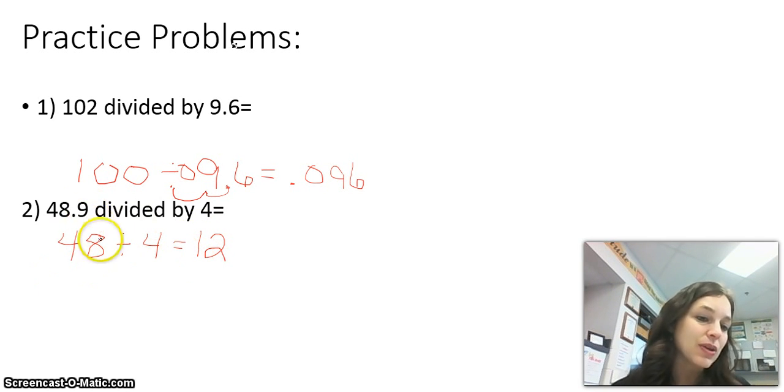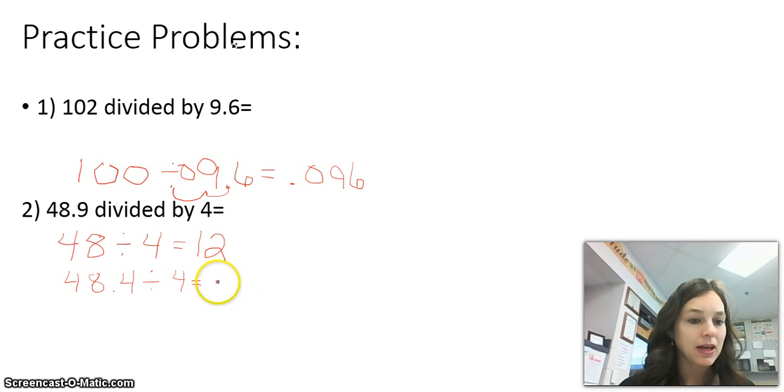If we wanted to get even closer, we could round this to 48.4 divided by 4. That's even closer to 48.9, and we could get 12 and 1/10.